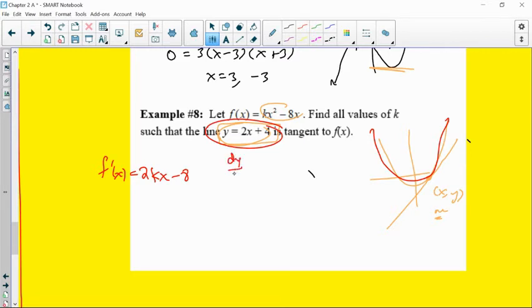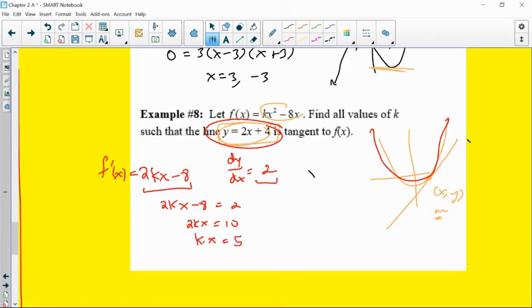Since it's linear, we could either just say dy/dx is 2, or just know that since slope is measured by derivative, it's a constant slope of 2. So I know that these two at that instant have to match. So I want 2kx minus 8 to equal 2, or 2kx to equal 10, or k times x to equal 5.